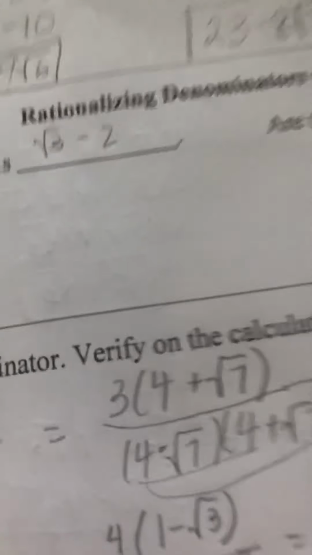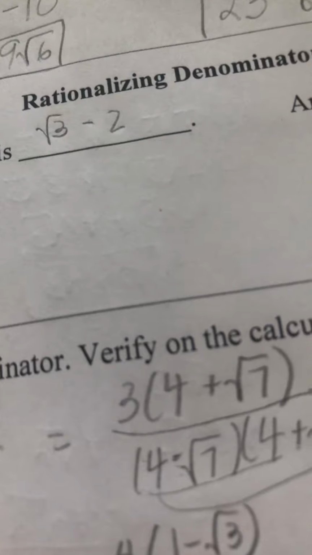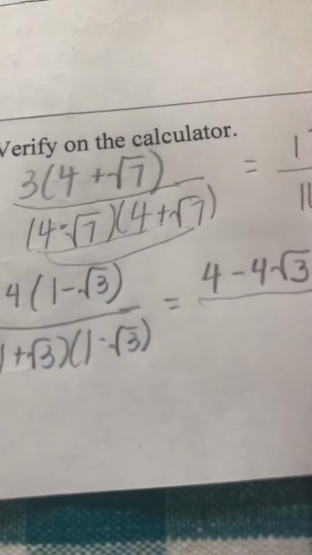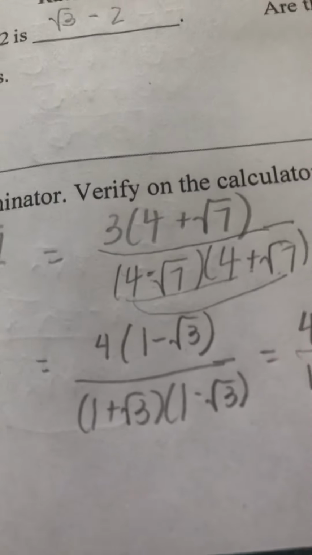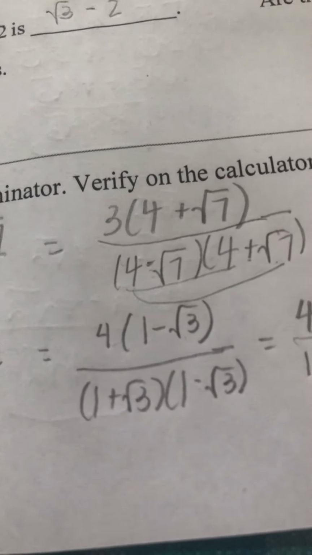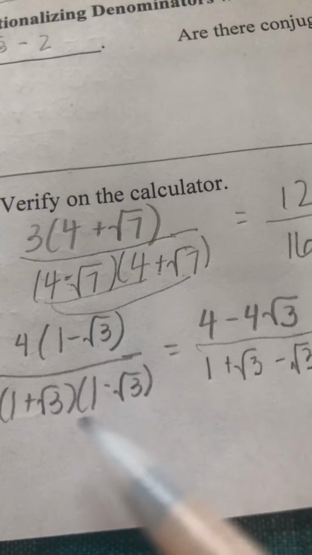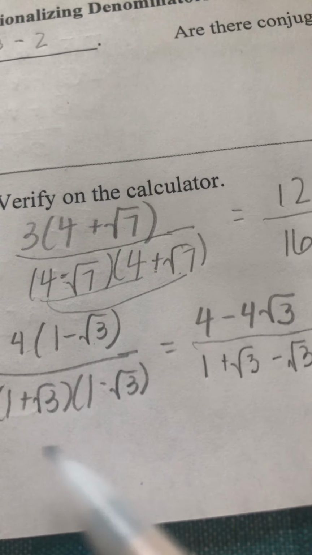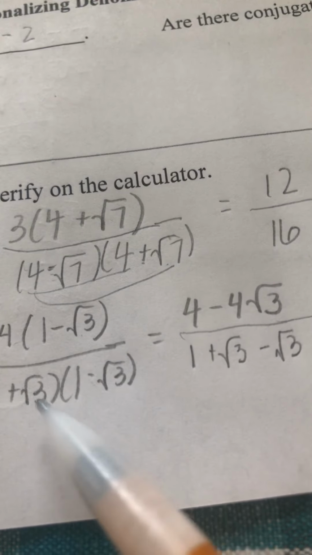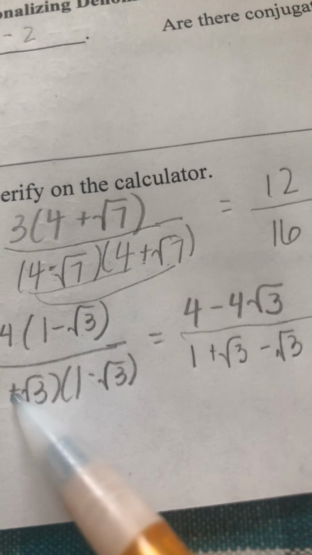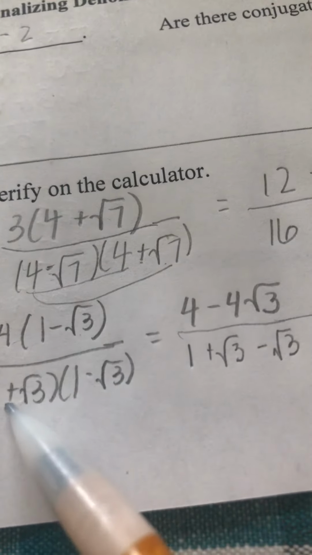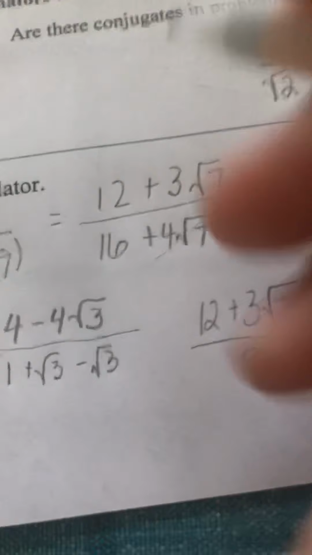Denominator, first 1. Outers and inners are root 3 and negative root 3, okay? So remember, first, outers are actually negative root 3, inners are positive root 3. Last are negative, because it's a positive times a negative, root 9.